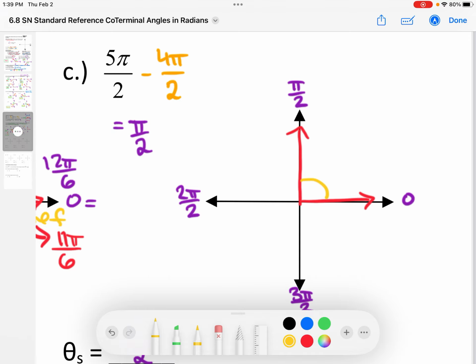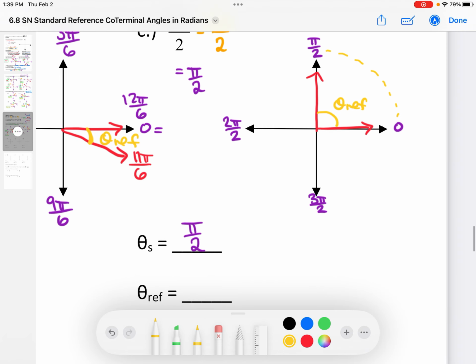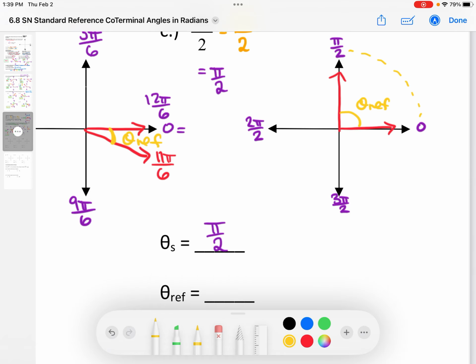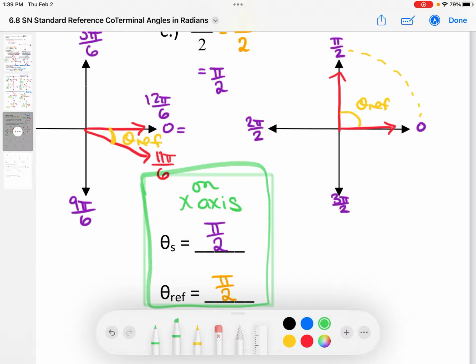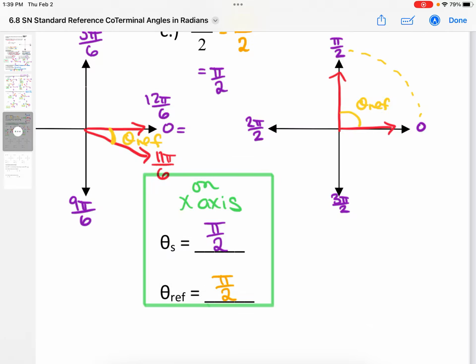So that reference angle is from 0 to pi over 2, which is simply pi over 2. Again, pi over 2 is almost in quadrant 1. It's not in a quadrant. It's on the axis. So we don't call it in a quadrant, but it is on an axis.